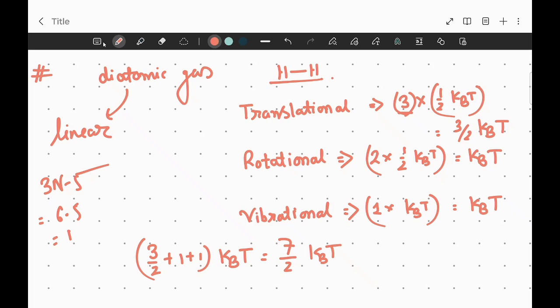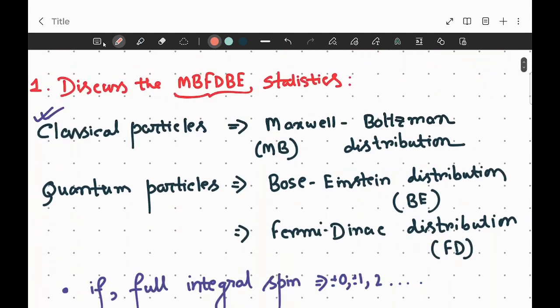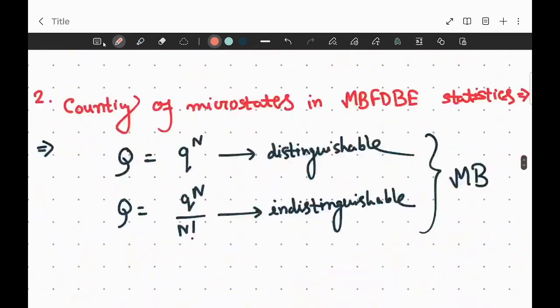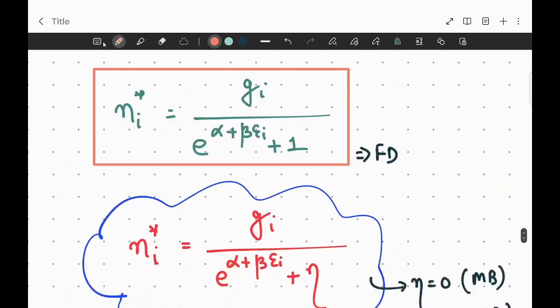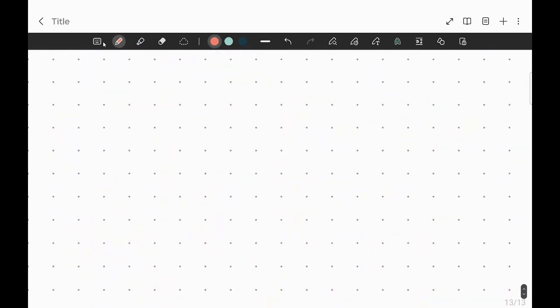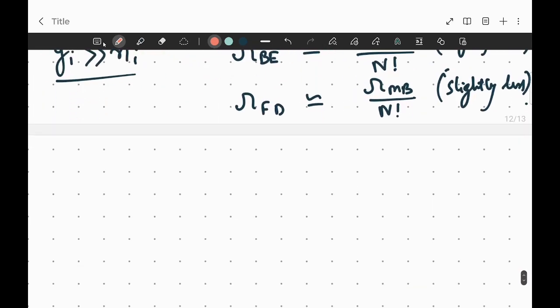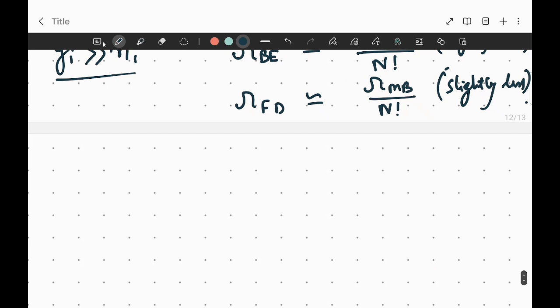The question: the expected population of the ground vibrational state at normal temperature is close to what? All are in the ground state, so it will be 1. Here, population means the population distribution, the probability. Why should it be infinite?